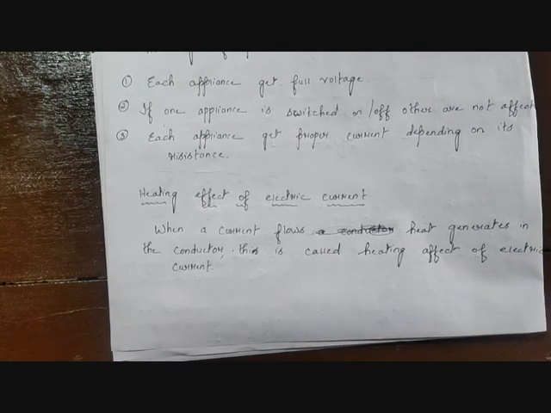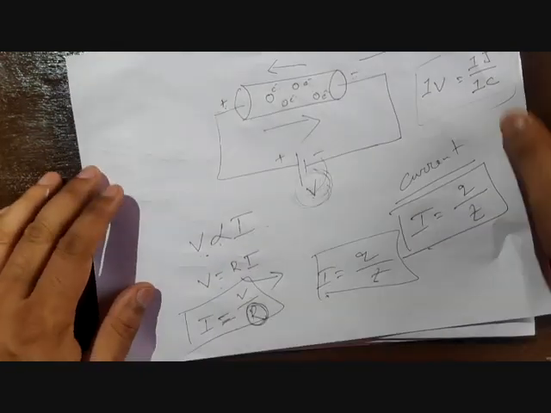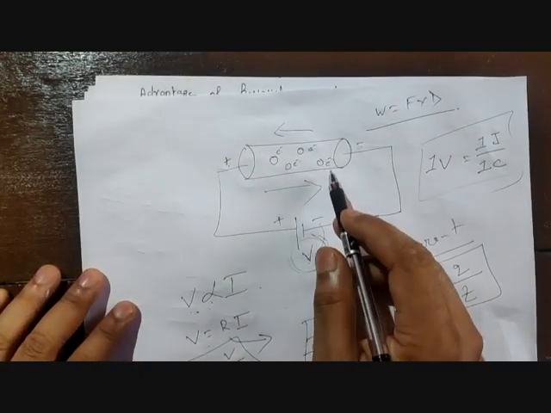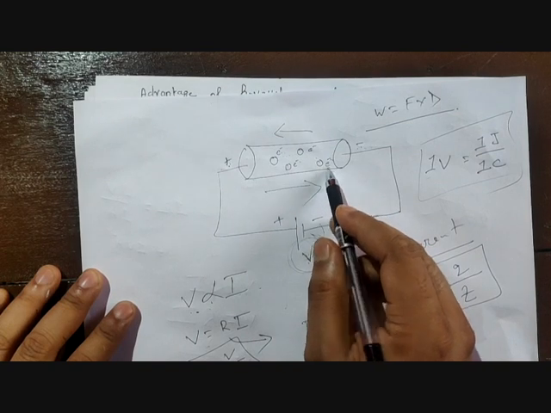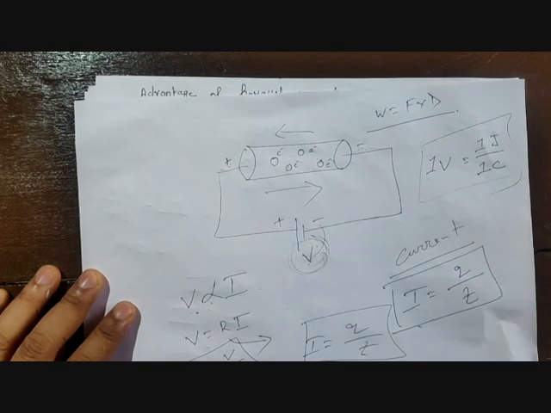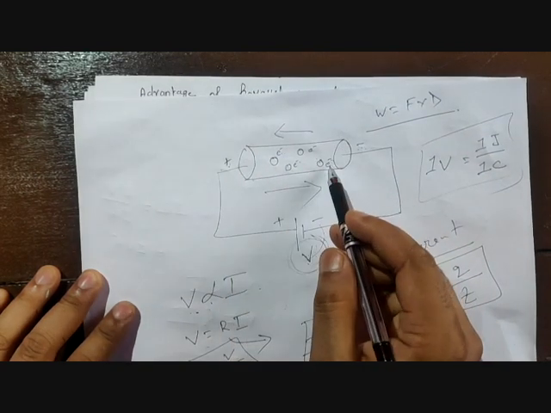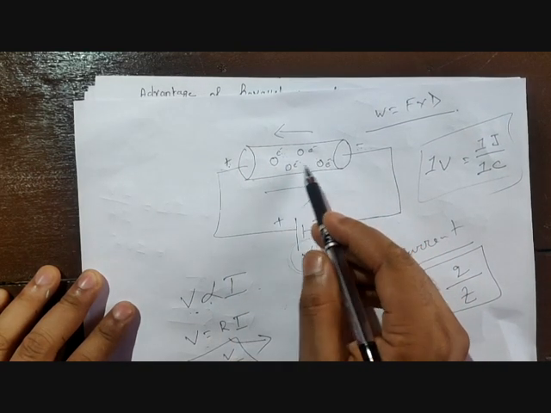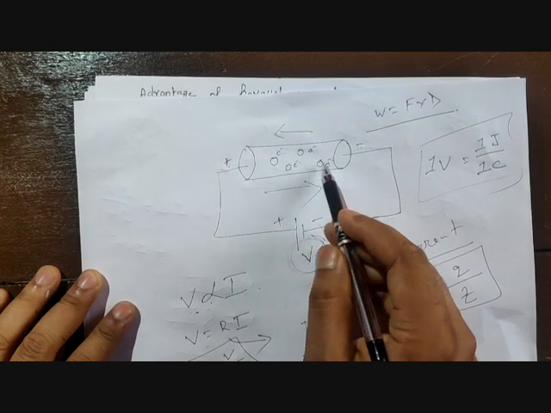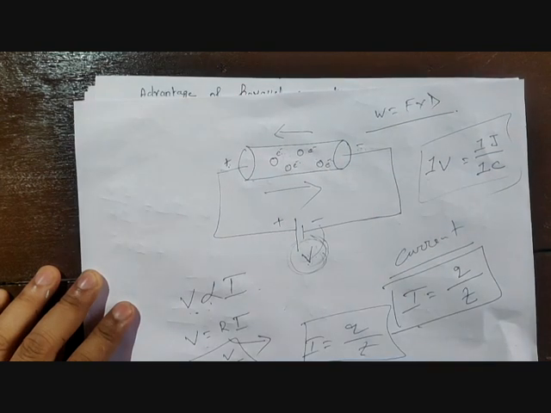Now, one question: how does this heating effect come about? I hope you still remember, in this figure, in the previous video we discussed that electrons, when they get voltage, move in this direction. And in that process, what happens? The electrons collide with other electrons and also with the atoms, so they offer resistance.